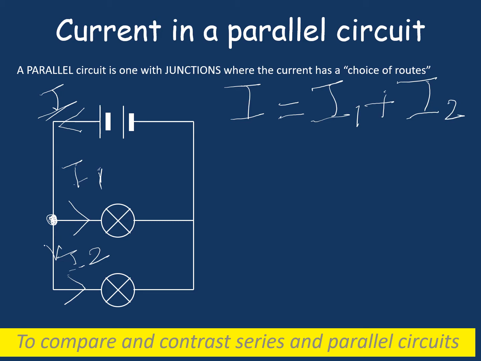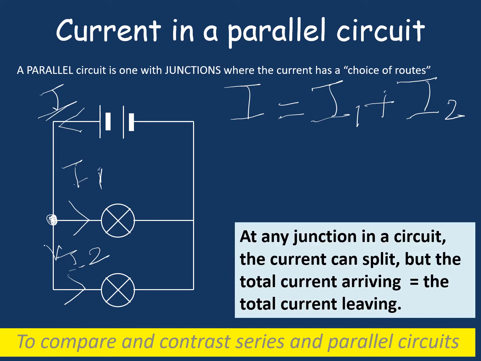Now, will I1 and I2 be equal? It might be, it may not be. It's just like I said before. If it is the same bulbs, which means they offer the same resistance, then yes, it will be split equally. Otherwise, you will always opt for a road which has less traffic. Less resistance means that branch will have more current flowing through it. More resistance means that branch will have less current flowing through it.